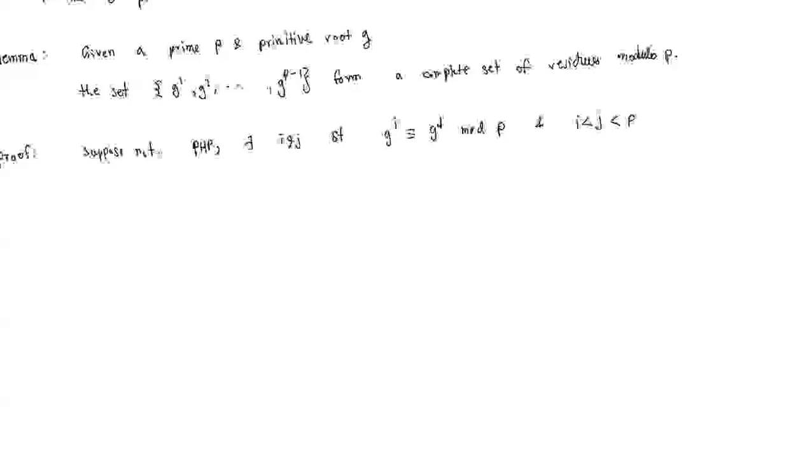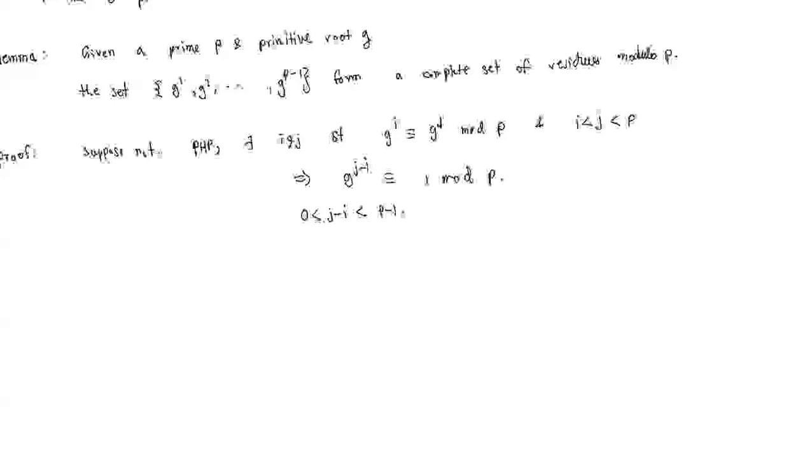Then that implies that G to the power J minus I is congruent to 1 mod P. And J minus I is strictly greater than 0 and strictly less than P minus 1, which is a contradiction.